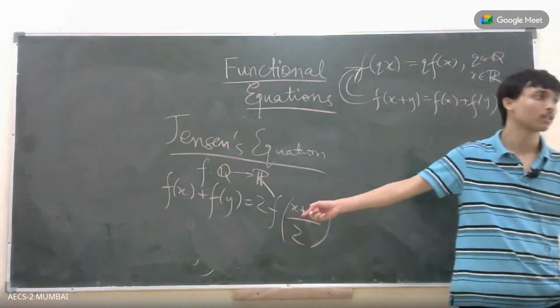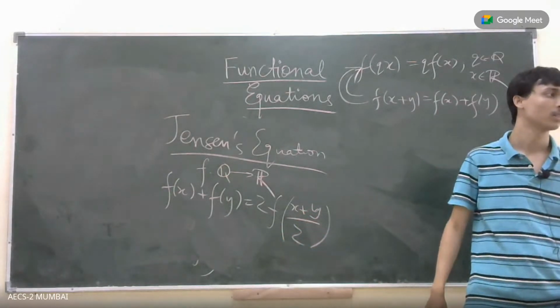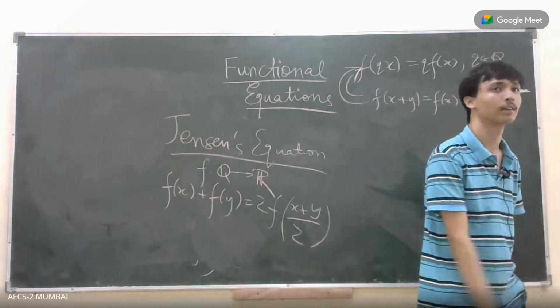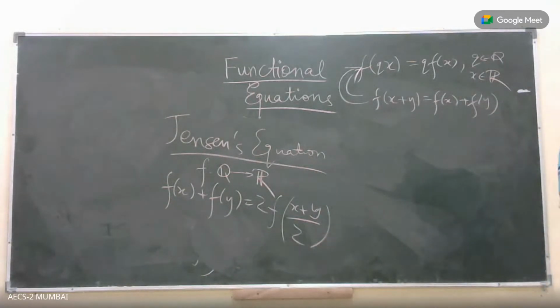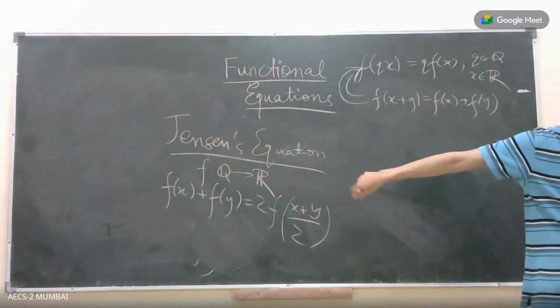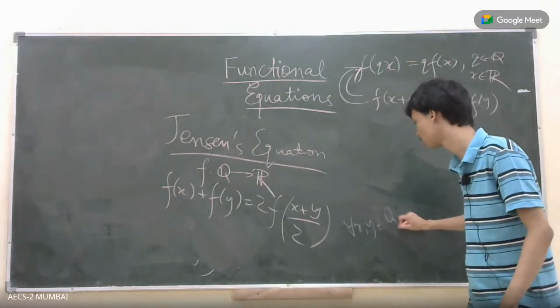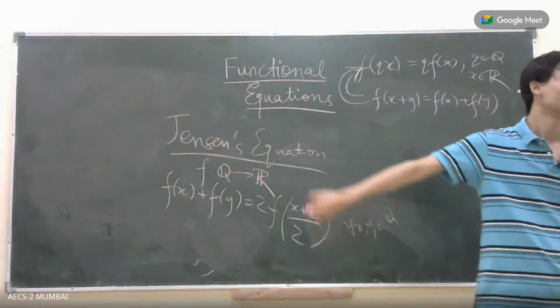Is this question clear? You have to find all functions which take as input rational numbers, give as output any real number, and satisfy this equation for all x, y. Is this clear?